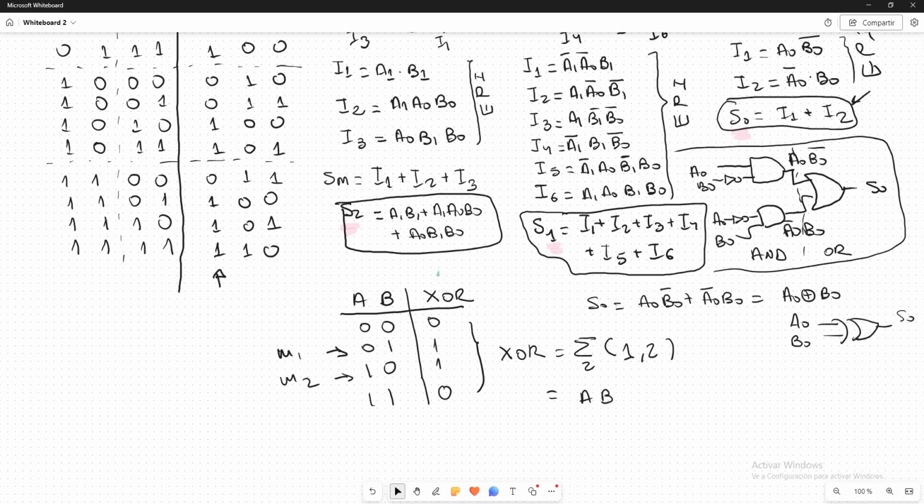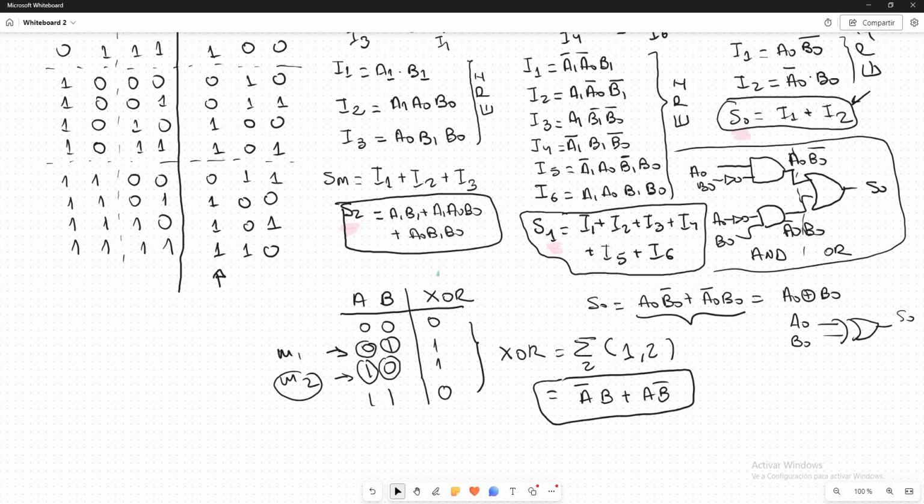In minterm 1, A is negated and B is not negated, plus minterm 2, that is A non-negated and B negated. And this is the same as we have here. So it's an XOR. Okay?